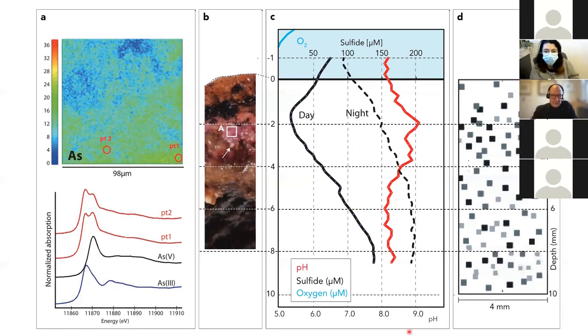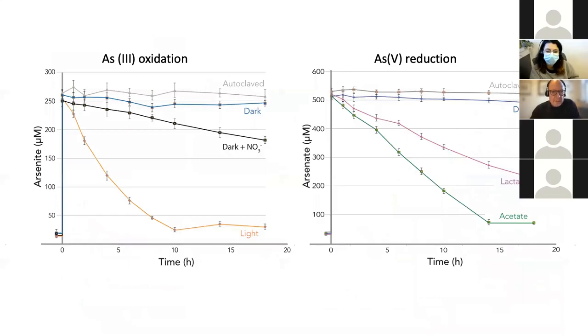Let's not talk about this. It's a sulfate reduction map, but we don't have to talk about that. So you can take pieces of this mat and make a homogenate, a slurry, incubate it for a while so everything goes away, and then you can give it a shot of arsenite, arsenic-3 in this case, and do different types of incubation. What this graph shows is that over time, in about 20 hours, you really need light to make this arsenite go away very quickly.